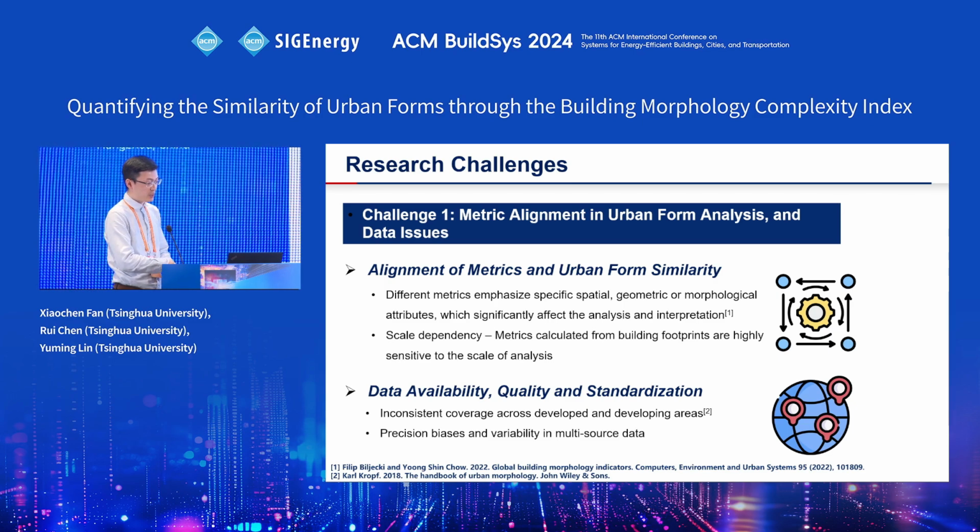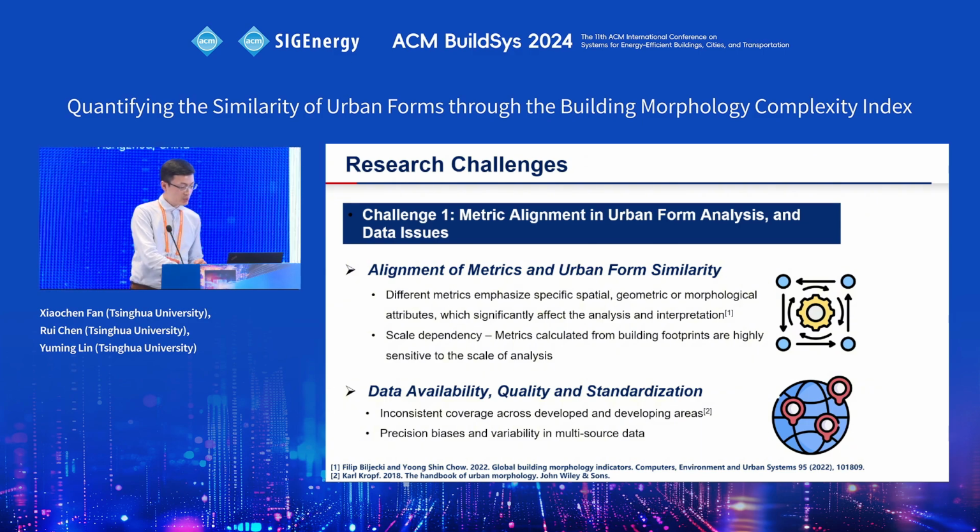Because different metrics emphasize different aspects and attributes of building footprints, but it is hard to know which one is more suitable as the representation of urban forms for similarity analysis on different cities. And also, we sometimes struggle to get available data that meets some standard requirements.